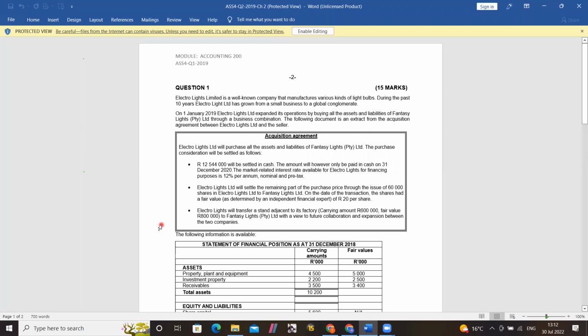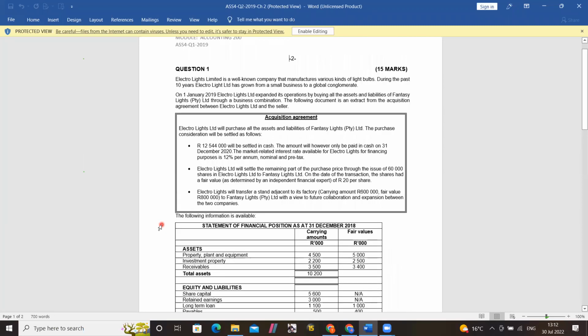It says Electrolytes Limited, a well-known company that manufactures various kinds of light bulbs. So Electrolytes, we are the company, right? Perspective. And then during the past 10 years, Electrolytes has grown from a small business to a well-known conglomerate, right? And they tell us that on 1 January 2019, Electrolytes expanded its operations by buying all the assets and liabilities of Fantasy Lights, right?